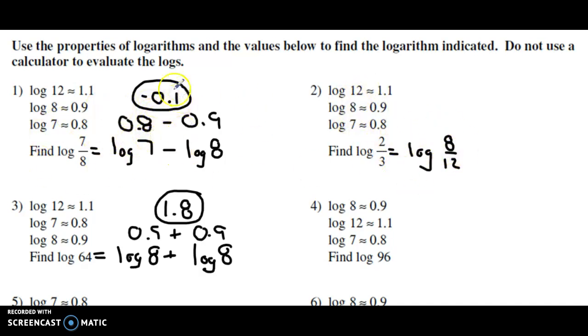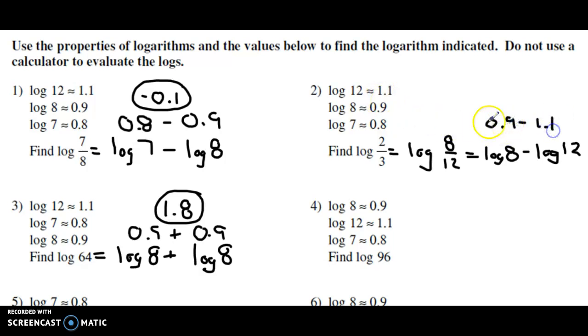Okay? So now we've got both of these numbers on our list for estimates, and it's a fraction, so we'll treat it the same as we did the first one, and we'll break it into log of 8 minus log of 12. All right, so log of 8 is 9/10, and log of 12 is 1.1.